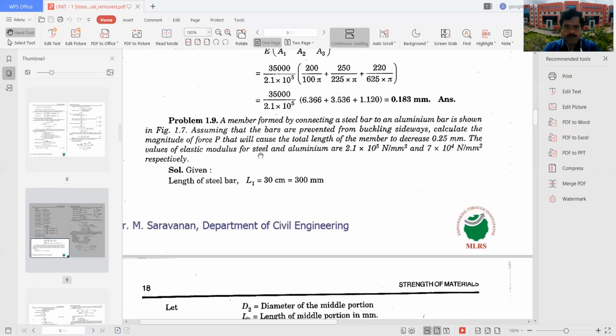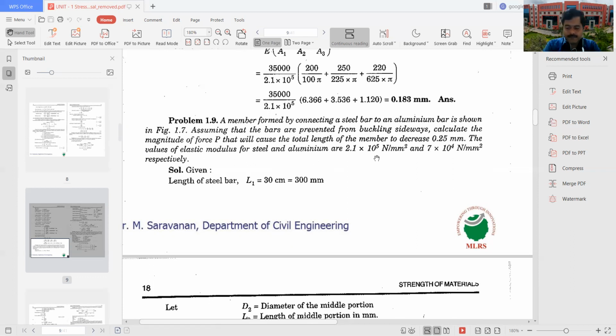The values of Young's modulus for steel and aluminum are given. They are asking to calculate the magnitude of force P that will cause the total length of the member to decrease. So the decrease in length, delta L, is given as 0.25 mm. So delta L is given, E1 is given, E2 is given.